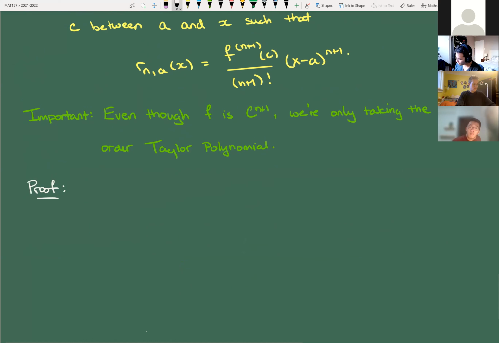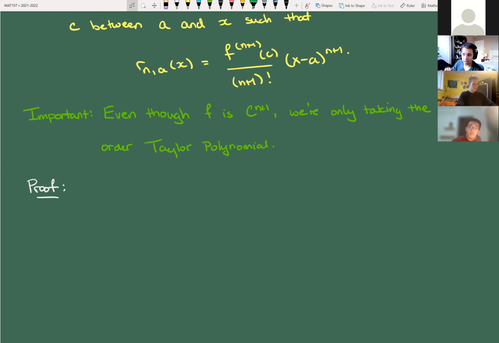Actually, let's take a second and look at this remainder term. It looks exactly like the next term of the Taylor polynomial, except, and this is very important, instead of the n plus first derivative of f evaluated at a, because we couldn't get that perfectly, we have to use c instead, right?